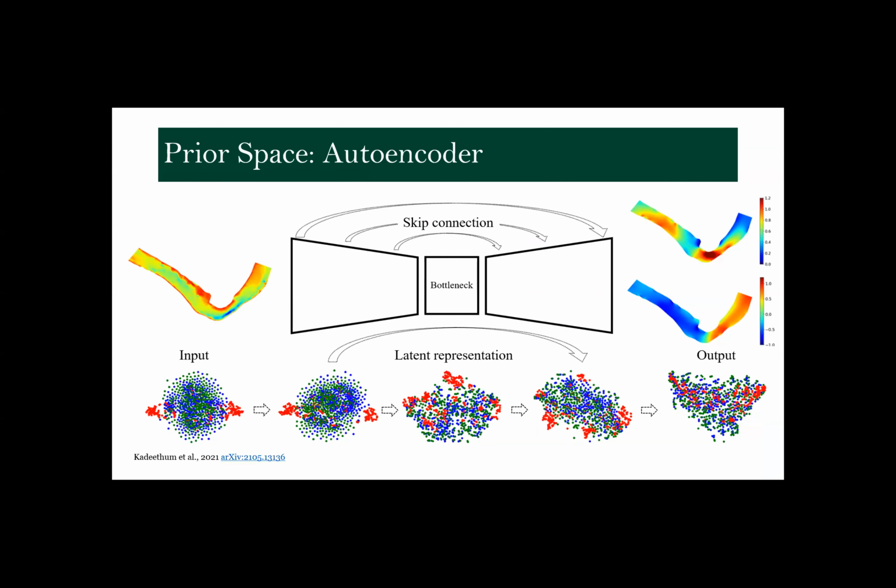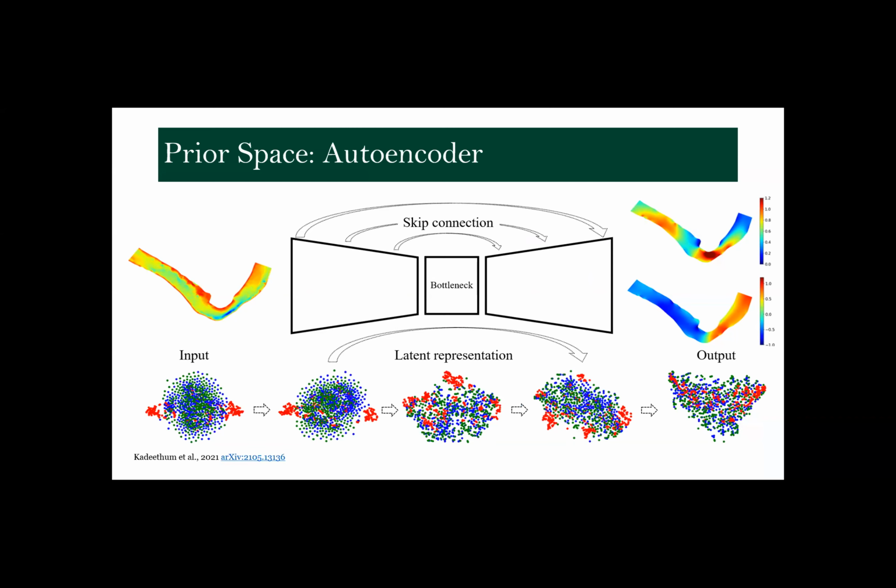Previously, I talked about the prior space and the linear projection. How can we achieve the prior space for a nonlinear projection? Basically, you can use an autoencoder with some kind of bottleneck in the middle from input to output.